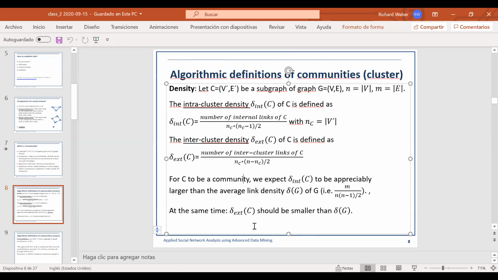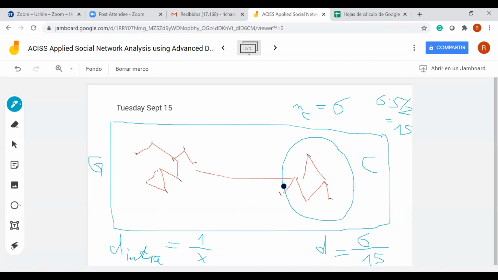Let me go back to the whiteboard. Okay, so if the density inside the community is large and the density of those that leave our community is small, then it is considered to be a community.